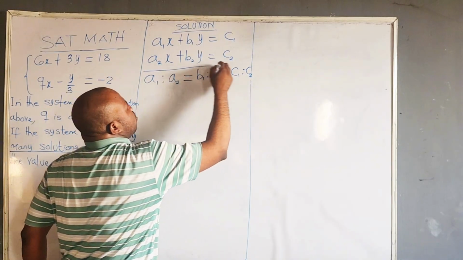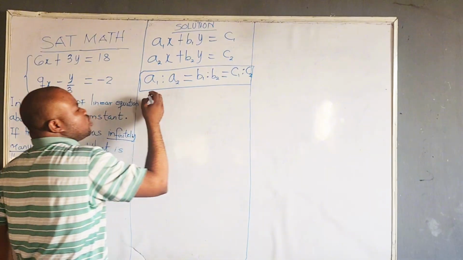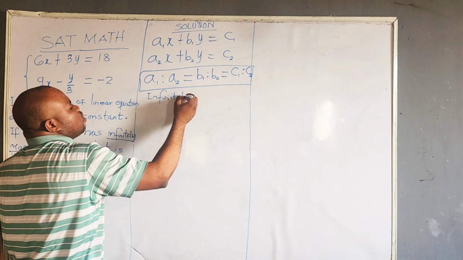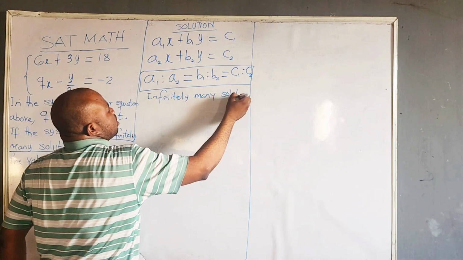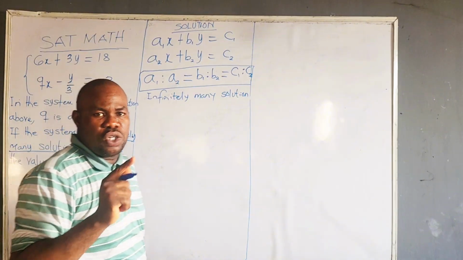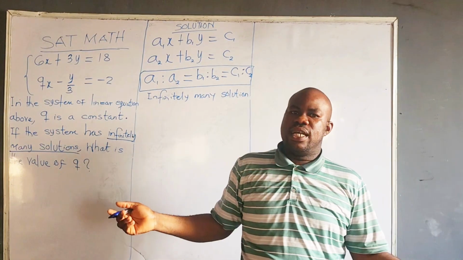So this is the key concept you need to understand for a system of linear equation with infinitely many solutions: the ratio of the coefficient of x must be equal to the ratio of the coefficient of y, which must also be equal to the ratio of the constant.